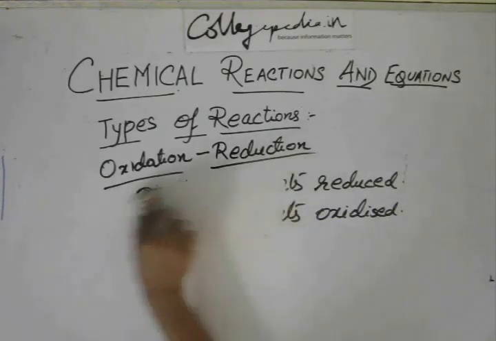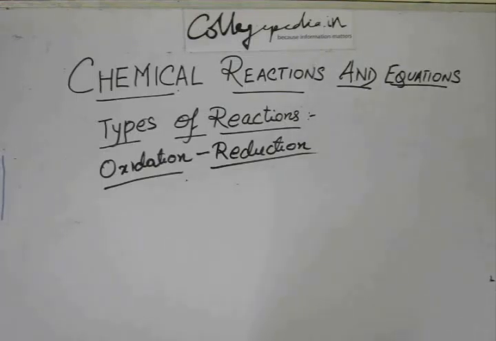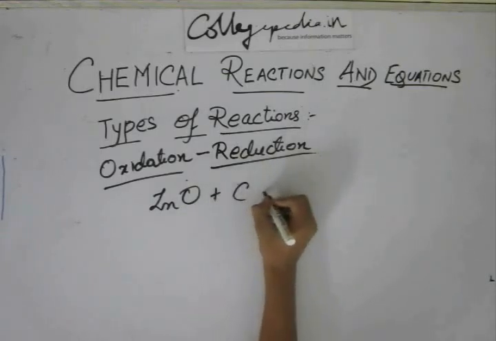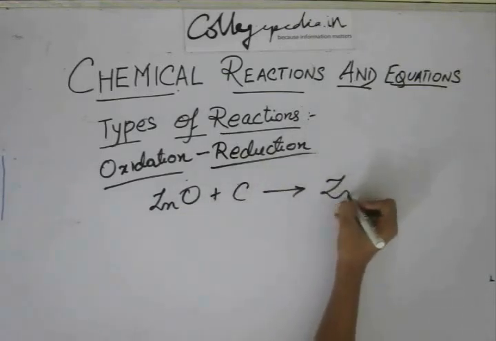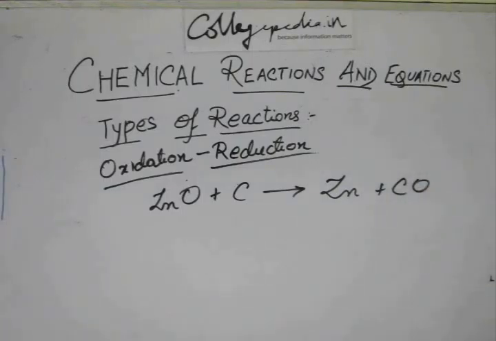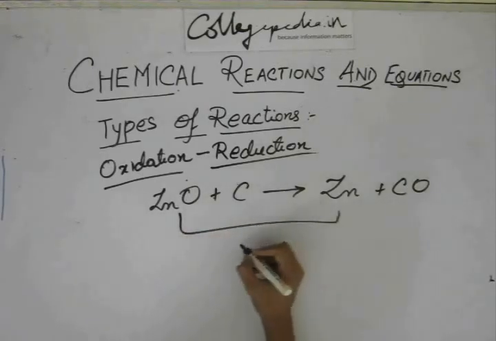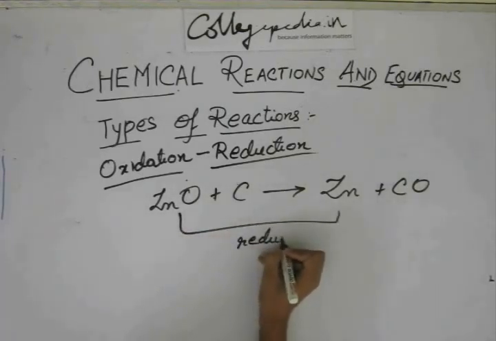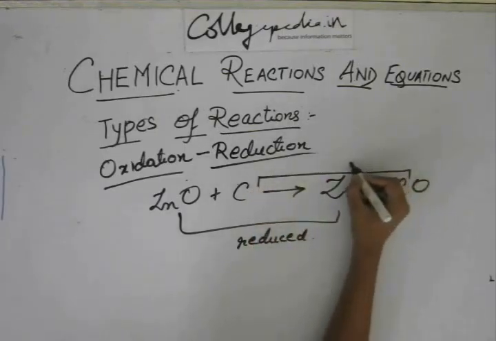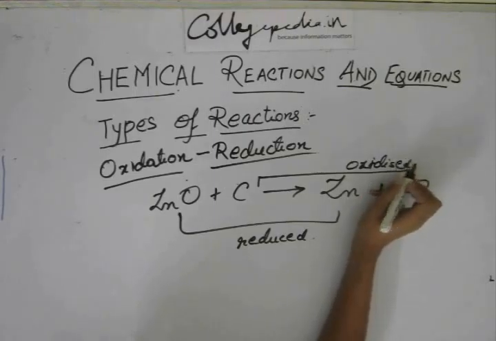So I'll give you an example to illustrate this. Suppose we have this reaction, zinc oxide plus carbon gives zinc plus carbon monoxide. In this, zinc oxide is getting reduced to zinc, and carbon is getting oxidized to carbon monoxide.